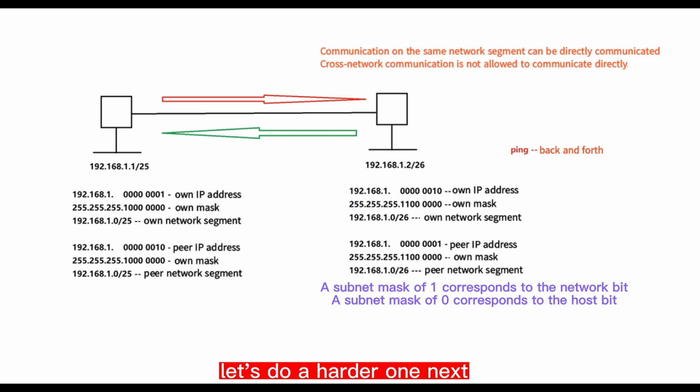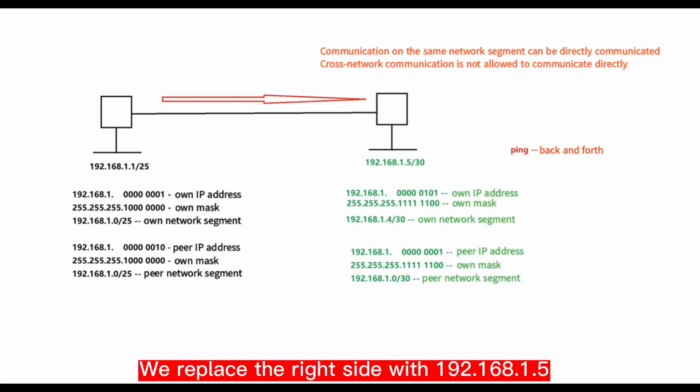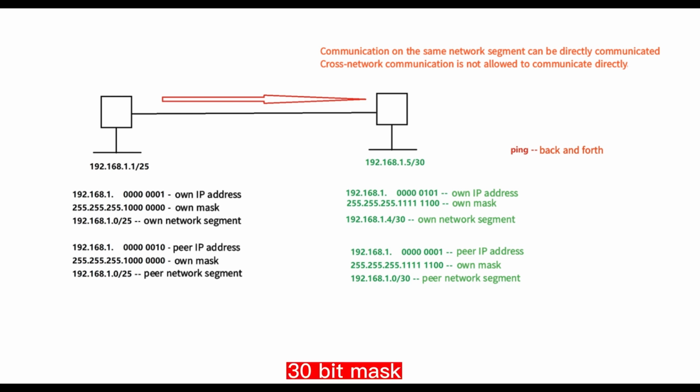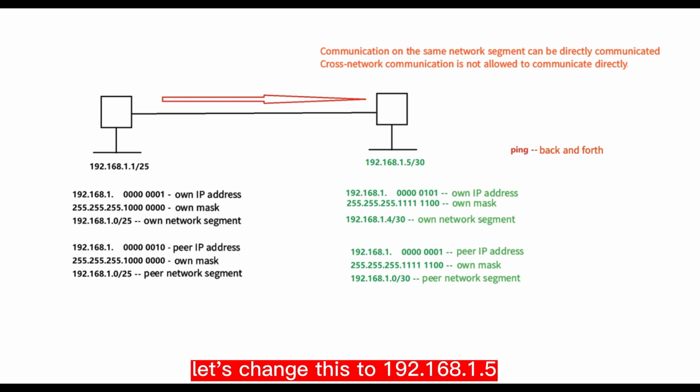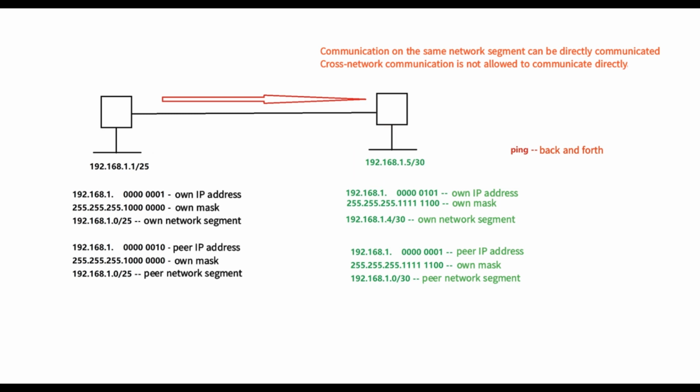Let's do a harder one next. We replace the right side with 192.168.1.5, 30-bit mask. Let's calculate together now. First PC1 and PC2 go to ping. PC1 definitely takes its own IP and own mask to get its own network segment.